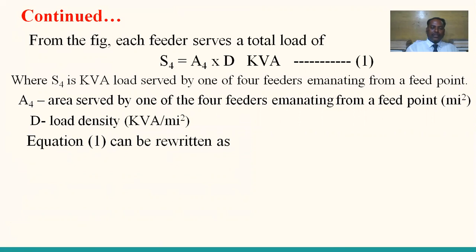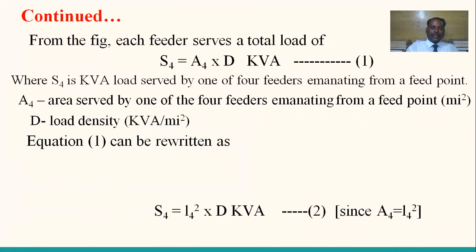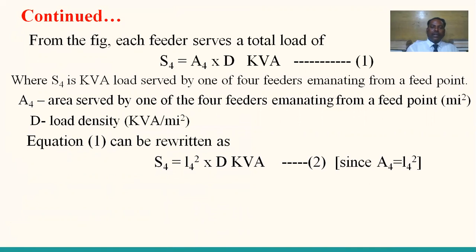Why? Because the area has to be calculated. S4 is equal to area times density. For one feeder, it is a triangular shape, with the middle conductor as the height L4, and the base is 2 L4.